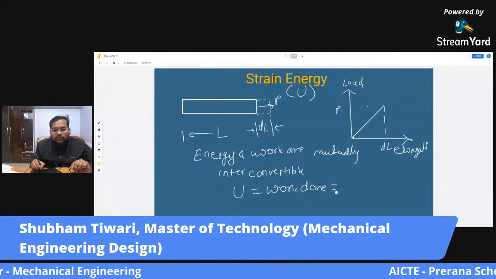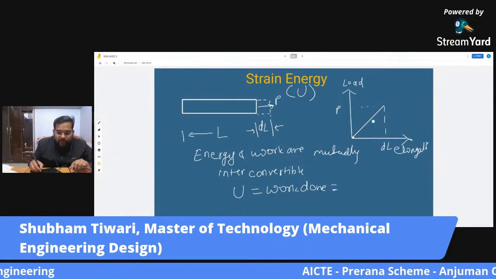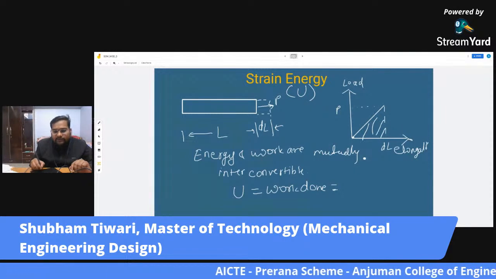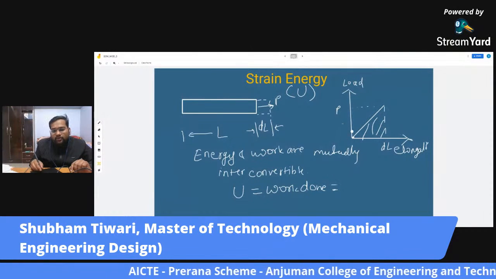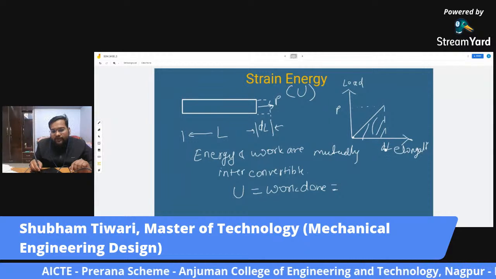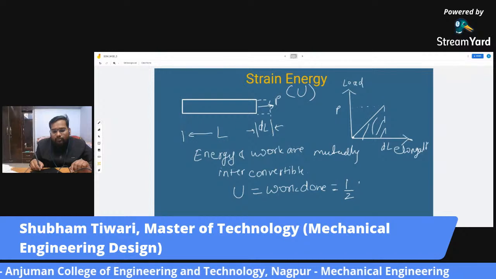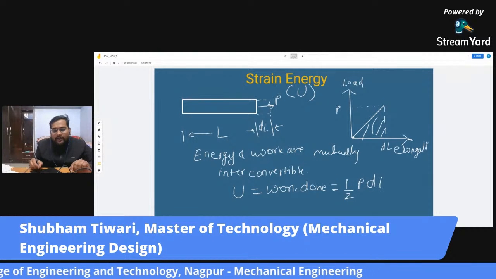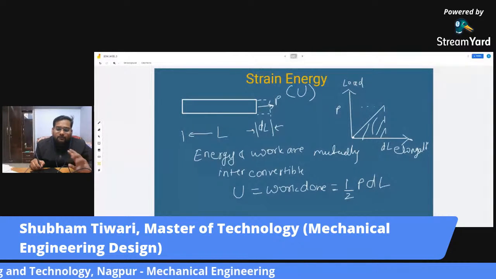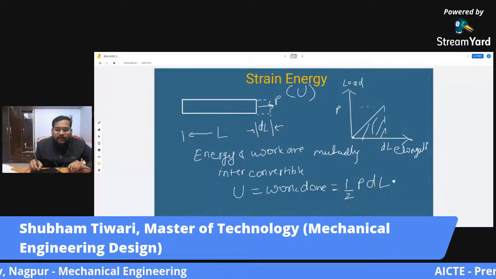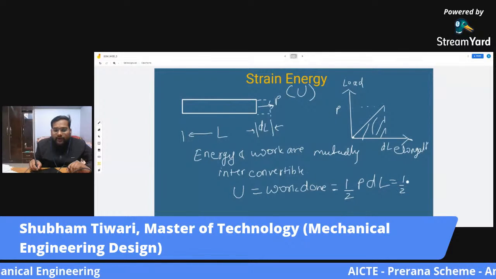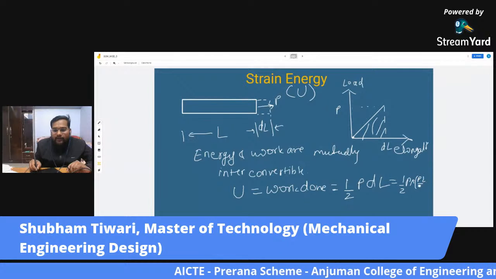If you have to find the work done, then you have to find the area under this curve. This is load and this is the displacement. So the area under this curve is half into P into dl. But we also know that dl is given by PL upon AE.